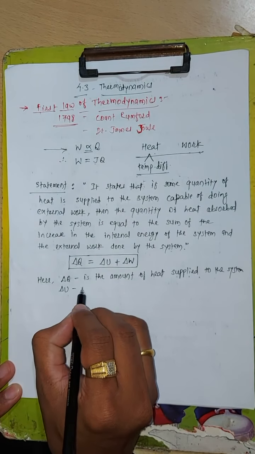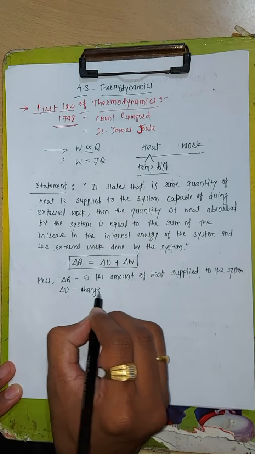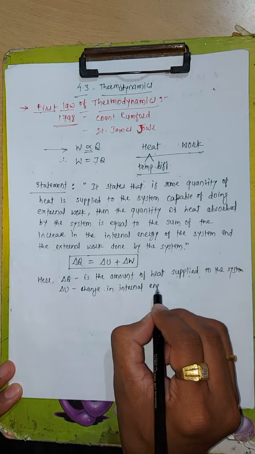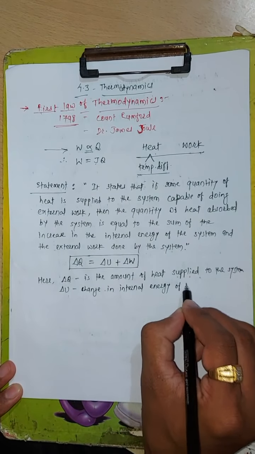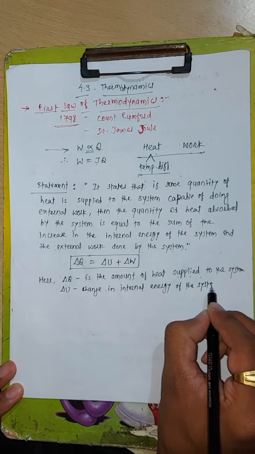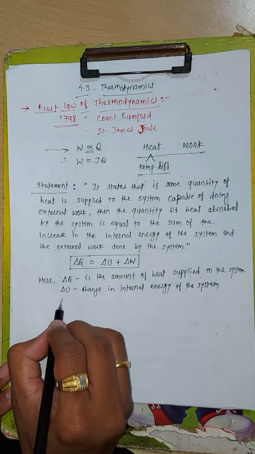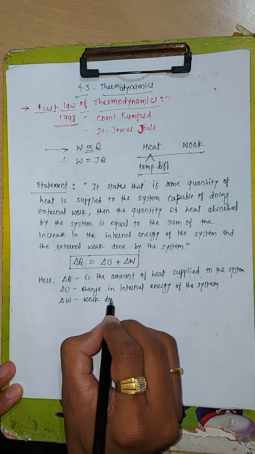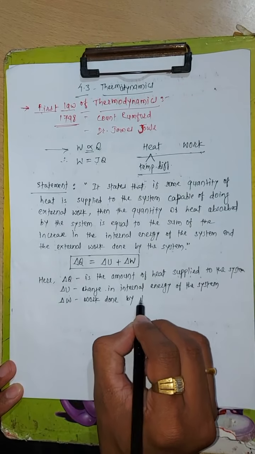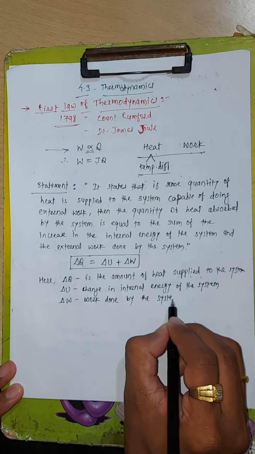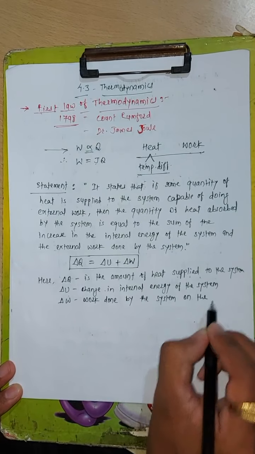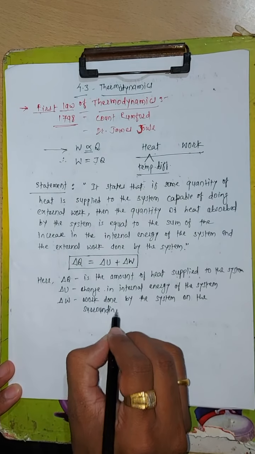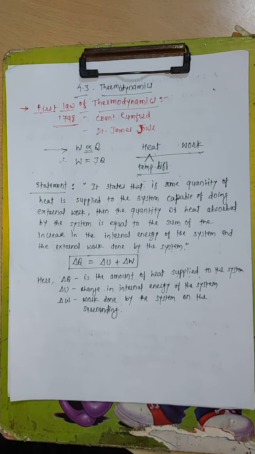Delta U is the change in internal energy of the system, and delta W is the work done by the system on the surrounding. So basically, this is your first law of thermodynamics.